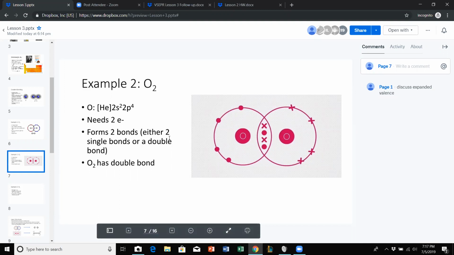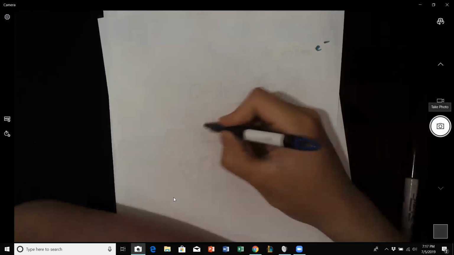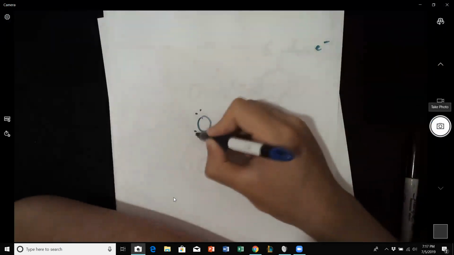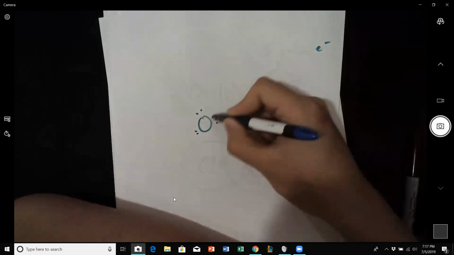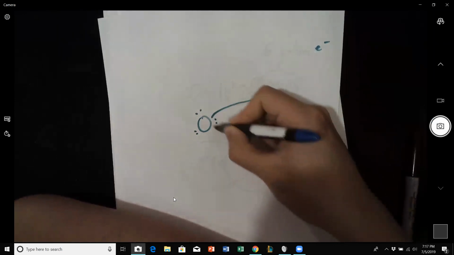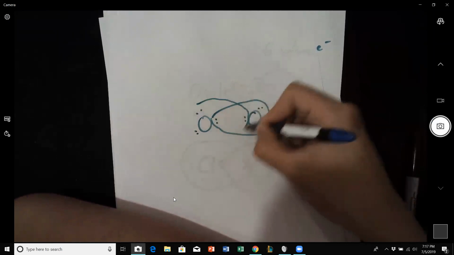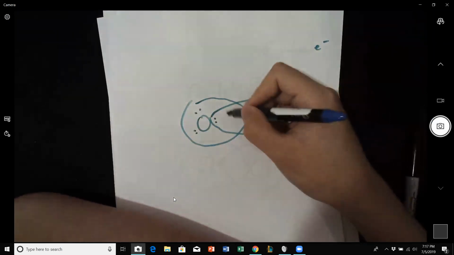This means it will either form 2 single bonds or 1 double bond, usually. So oxygen will have a double bond. I can draw that for you. Our 6 valence electrons, and then they get shared like that. So here we have a double bond.